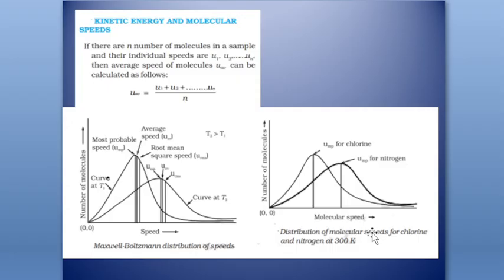With increase of temperature, the most probable velocity of the molecules of maximum number increases, so the curve gets flattened.